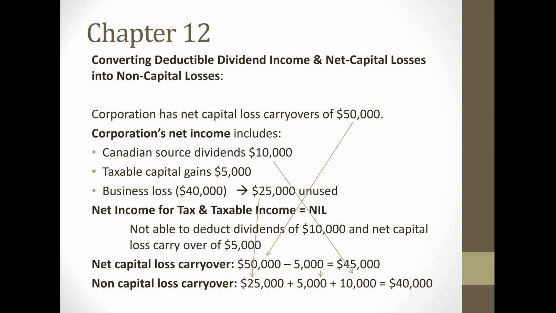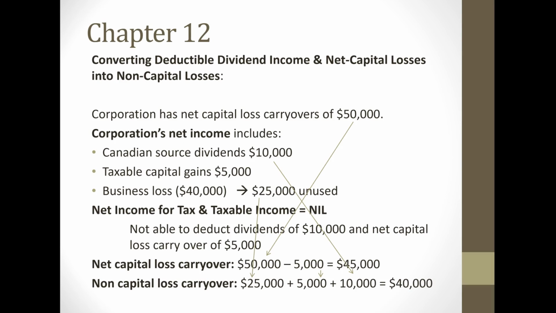They can add the 5,000 that they convert from a net capital loss carryover to a non-capital loss carryover, and that 10,000 of Canadian source dividend that they would have been allowed to deduct when calculating taxable income, but they weren't able to deduct it because their net income for tax was 0, they get to include that amount in their non-capital loss carryover balance.